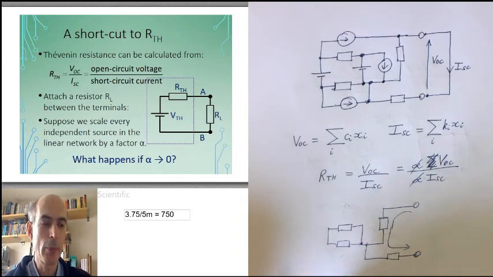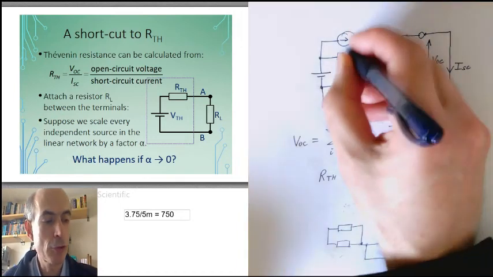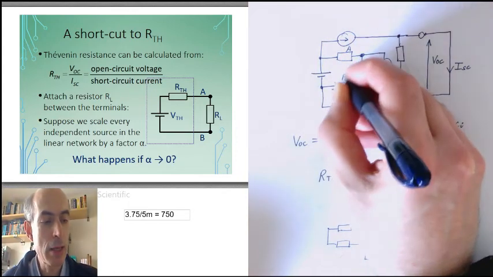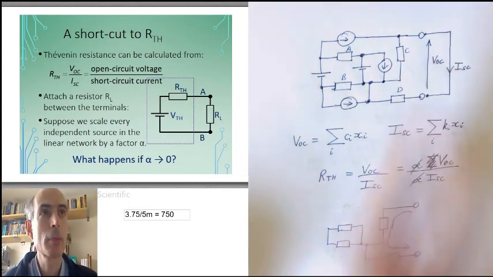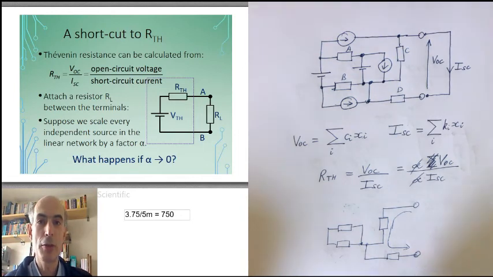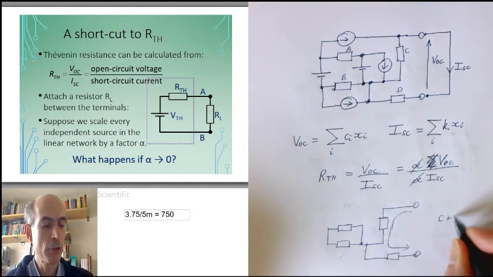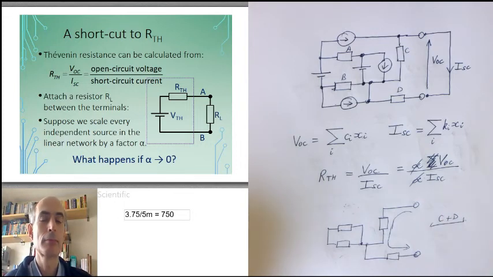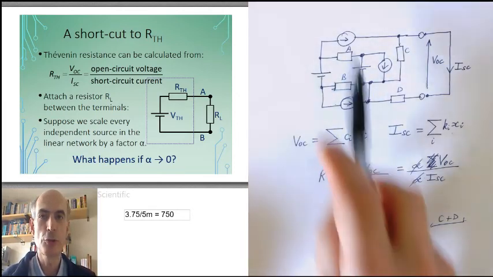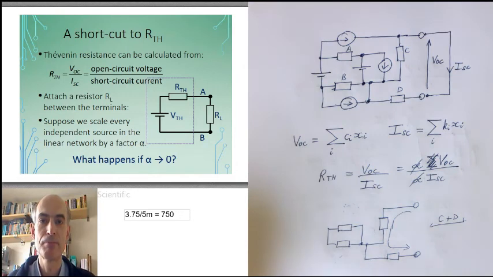They don't go anywhere. So if these resistors were A, B, C, and D, then the resistance in my Thevenin equivalent circuit would just be C plus D. This is usually considerably easier to work out, but as a reminder, this only works when the sources are independent.